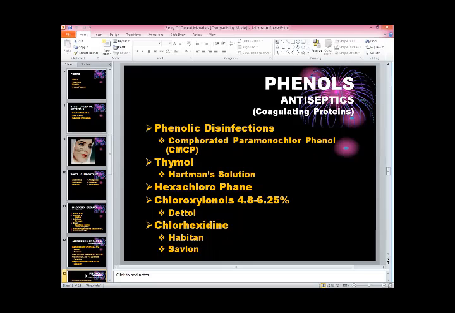Then chlorhexidine. Chlorhexidine is available in the market with the names of Hibitane and Savlon. With these two names, everyone is very familiar. The Savlon we are using in operation theaters. Also, Hibitane is a very good mouth disinfectant.